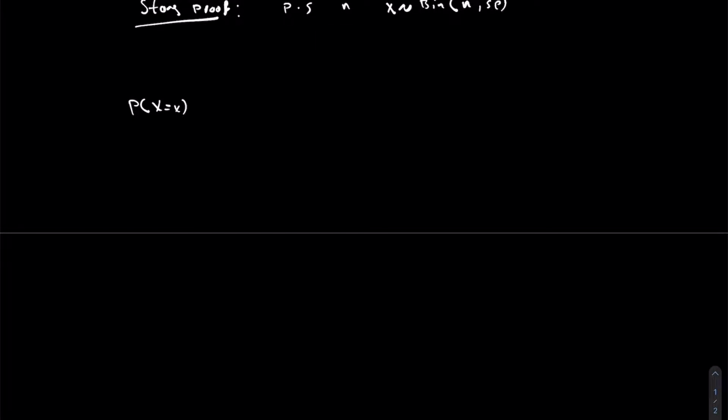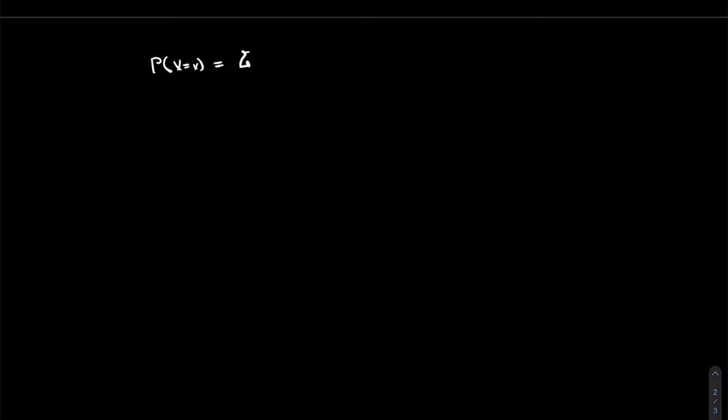Let's show this algebraically. So the marginal, P of X, we take the sum over the joint of X and n. And we're conditioning on n because we know that n is given for us.